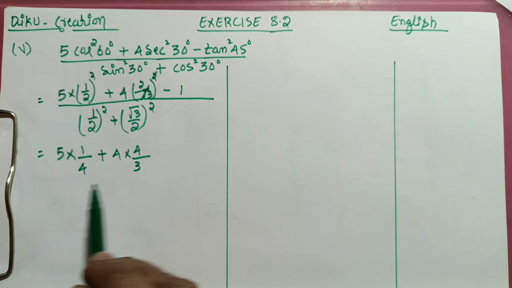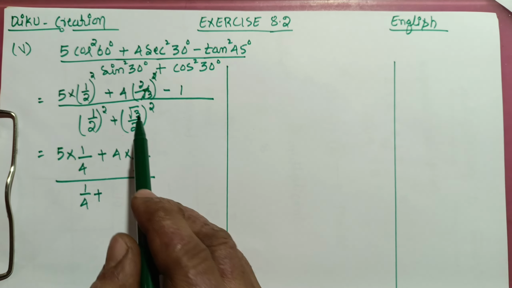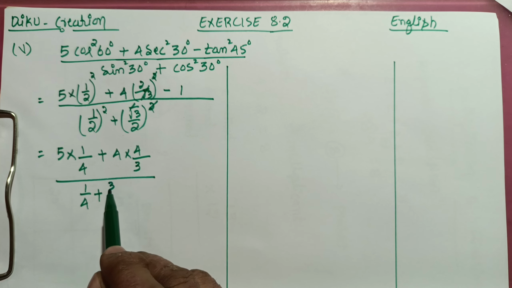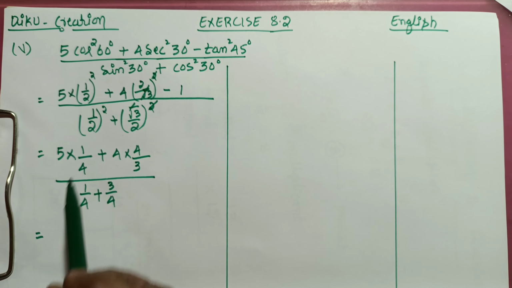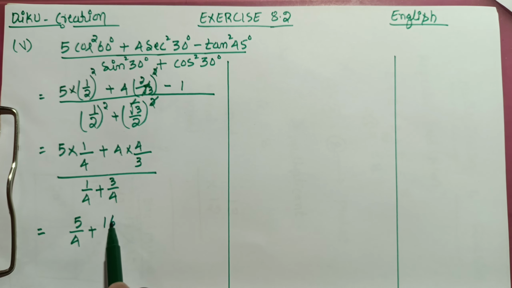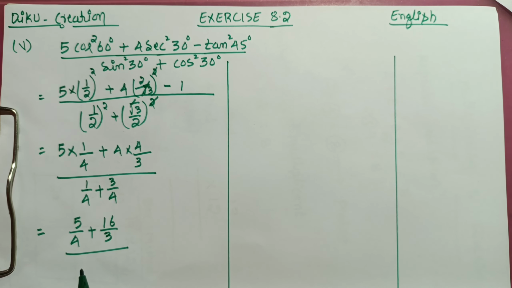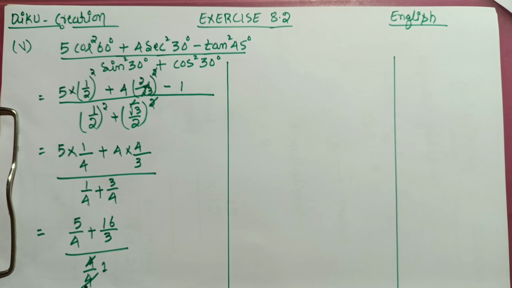It is 3 divided by 1 by 4 plus root square and square root cancel, 3 divided by 4, which is equal to 5 divided by 4 plus 4 4s are 16 divided by 3, all divided by, see here 3 plus 1 is 4 divided by 4. So here denominators are same, only the numerator we need to add. So 3 plus 1 is 4, 4 divided by 4 is 1, hence the denominator value is going to be 1.